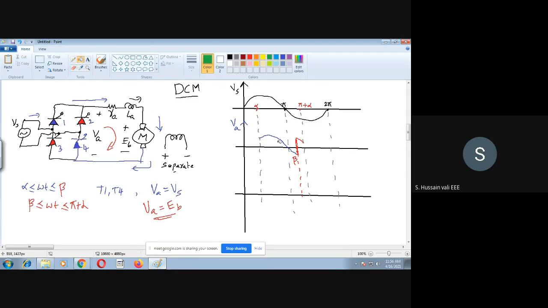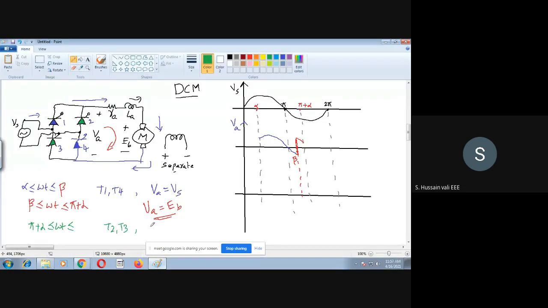So at pi plus alpha, you trigger T2 and T4. When T2 and T4 are triggered, the conduction starts from pi plus alpha less than or equal to omega t less than or equal to, we will have that at the end. So T2, T3 will conduct.